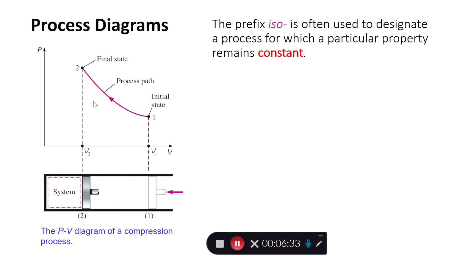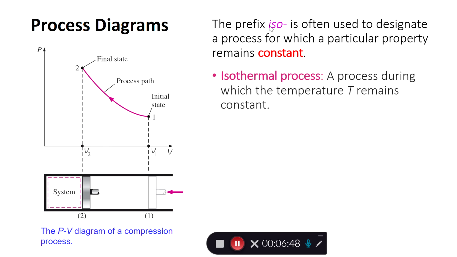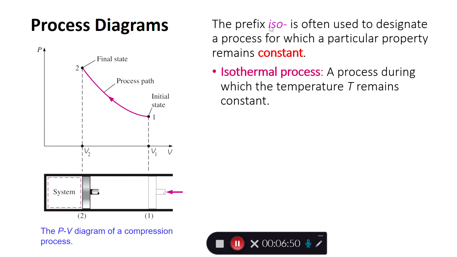Now, the prefix iso is often used to designate a process for which a particular property remains constant. So when you see iso, it means something is constant. Here we can have isothermal process. That means the process happens at a constant temperature.